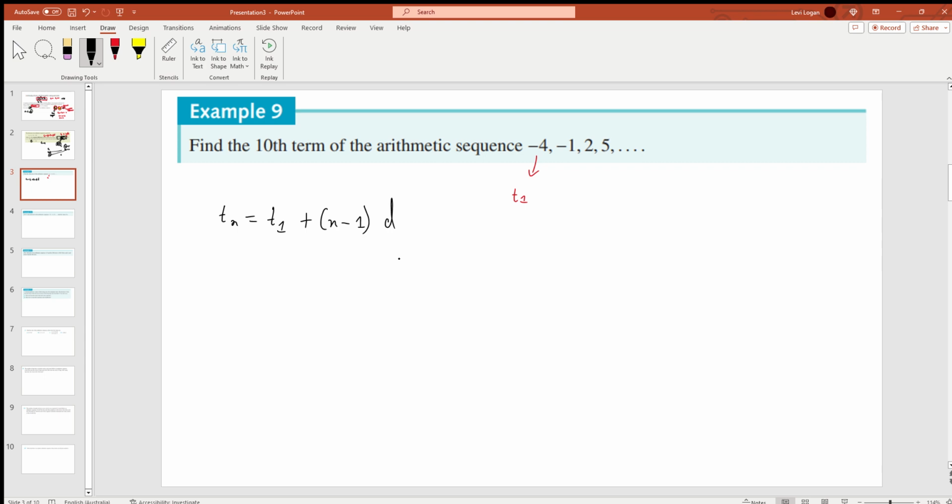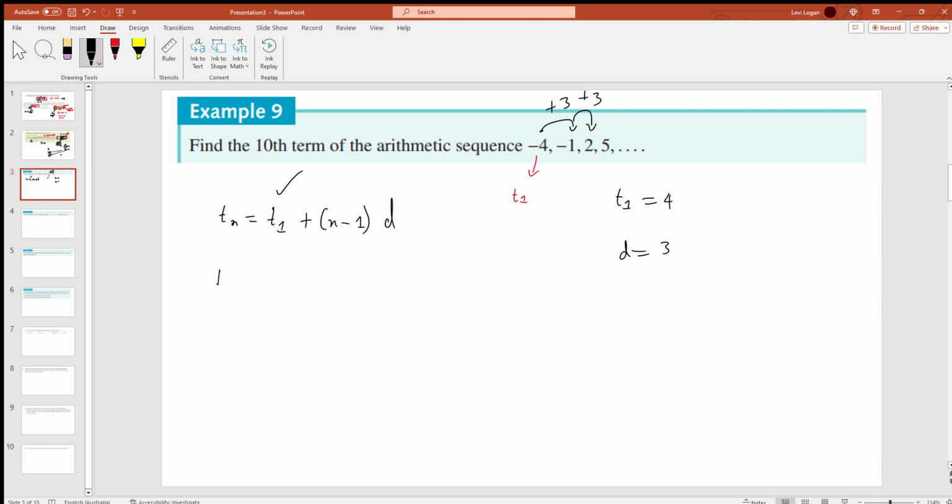Okay? Now, we've got T of 1. T of 1 is -4. Tick. We want to work out d, which is our common difference. We can see we're increasing, because we're going from a negative to a smaller negative. Going from here to here, we can see it's increased by plus 3. And it also works with here as well, plus 3. So your d is 3.